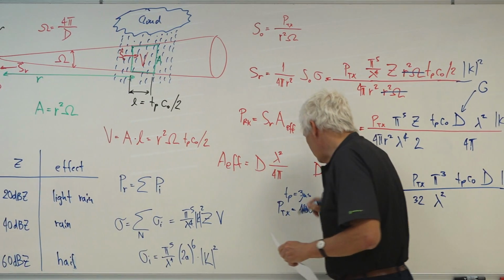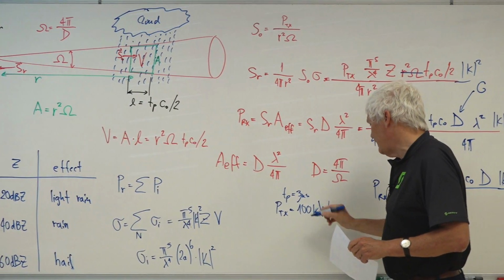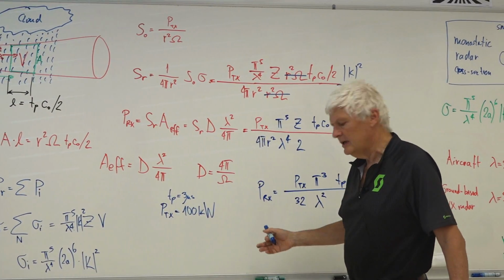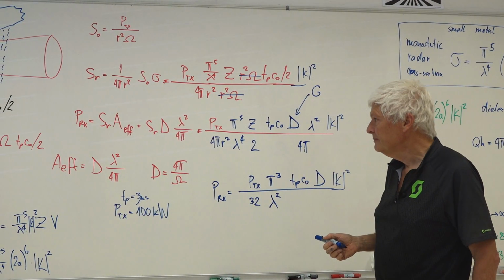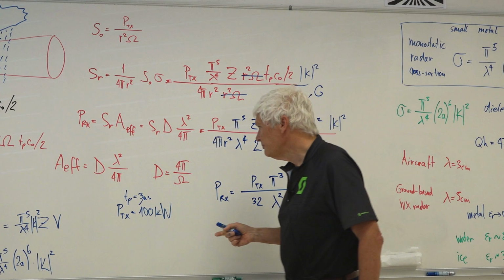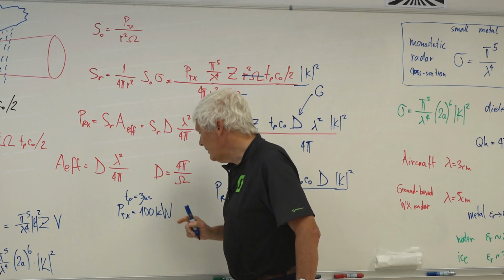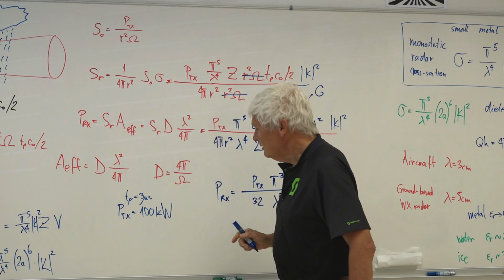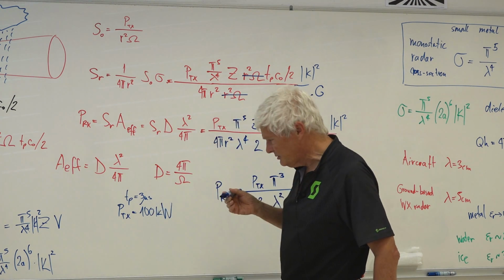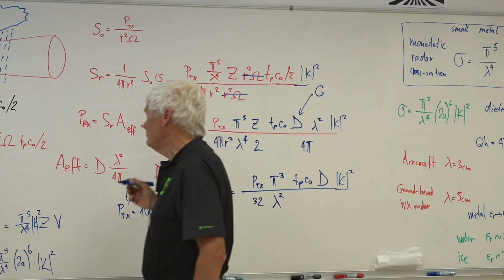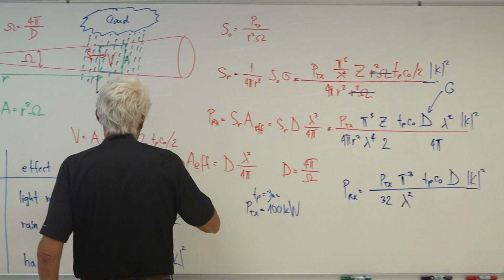This is not huge power. This means average power 100 watts. Usually the duty cycle of this pulse is about 1,000. So this is about just 100 watts average power. So it's not that large power.